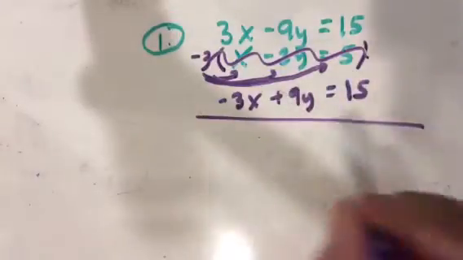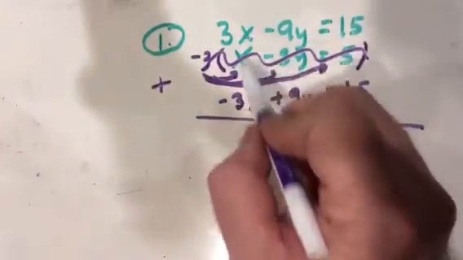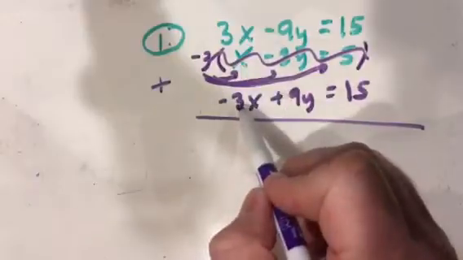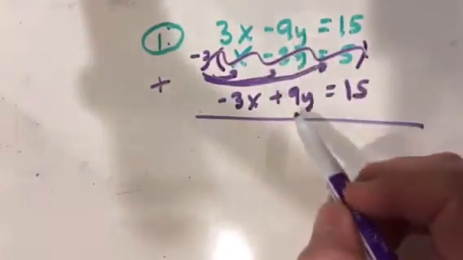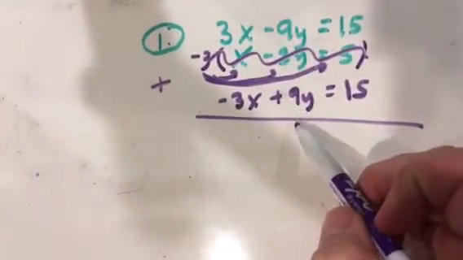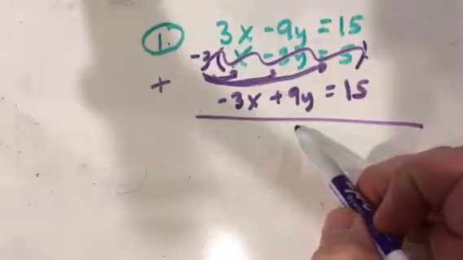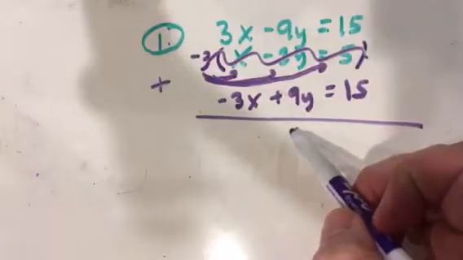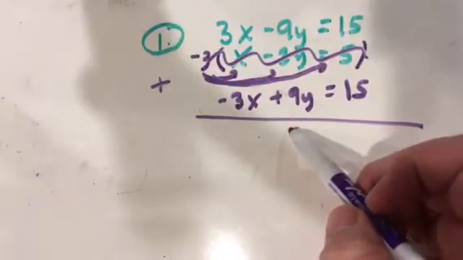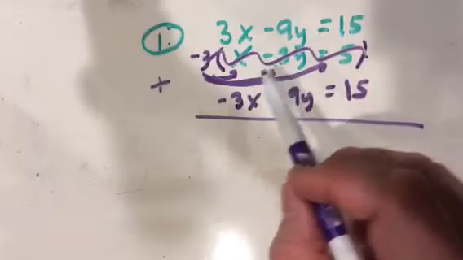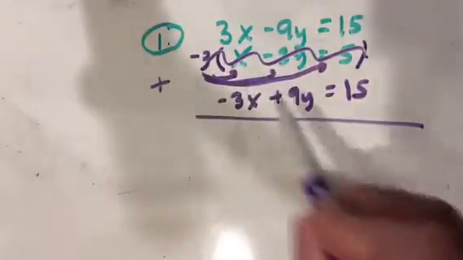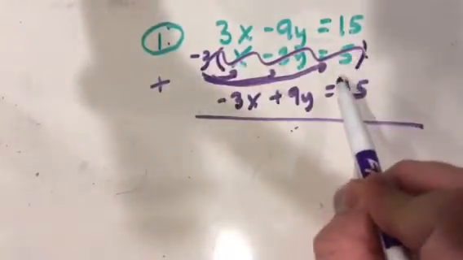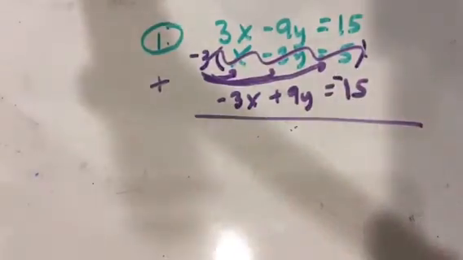So for adding, we would add because we want elimination. 3x and -3x go away. -9y and 9y go away. And I have one mistake here. -3 was being multiplied by 5. This should have been a -15. And that's important because that -15 is going to also go away.